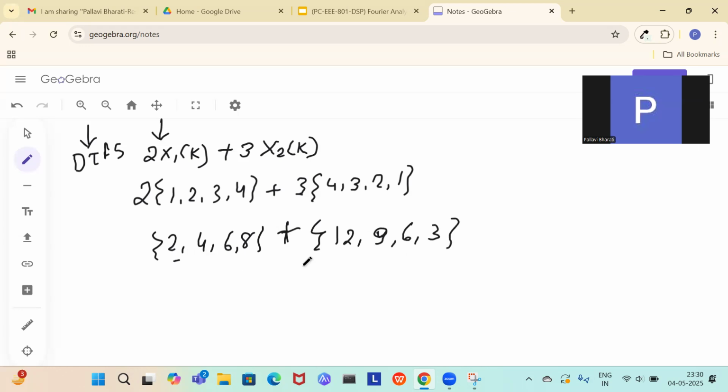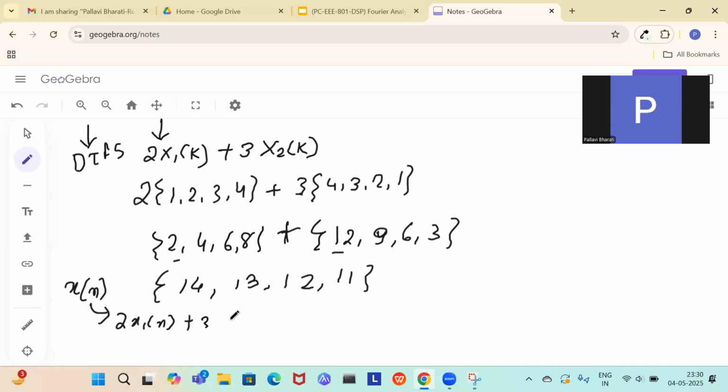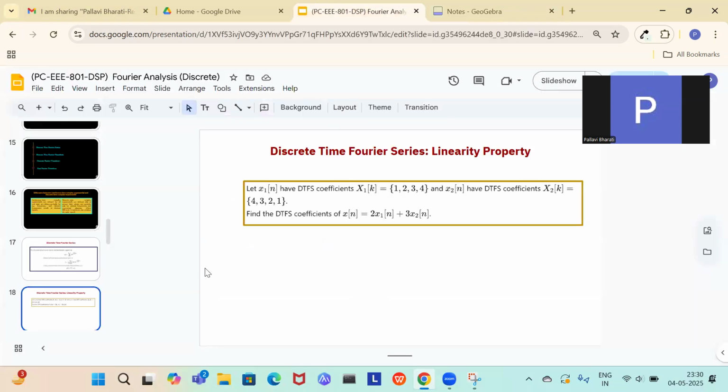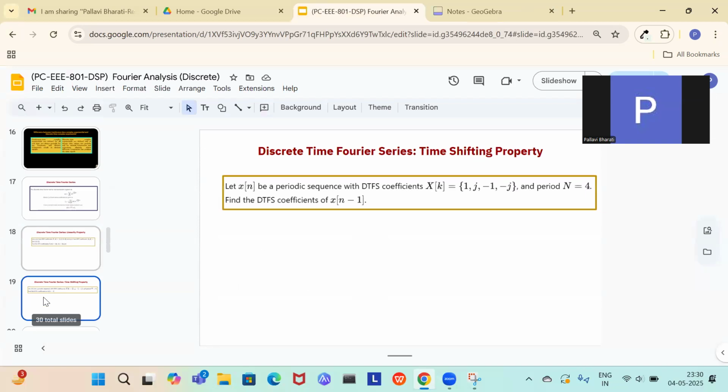So element-wise, you're going to add it: 14, 13, 12, and 11. So this is the Fourier series coefficient of x of n, which was 2 x1 of n plus 3 x2 of n. You can write this as X of k is equal to this one. So this is the linearity property and a numerical question on the linearity property.